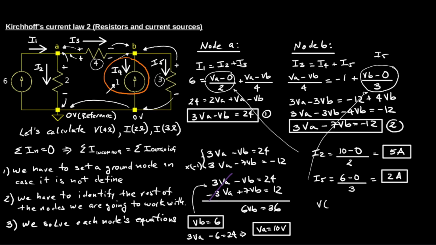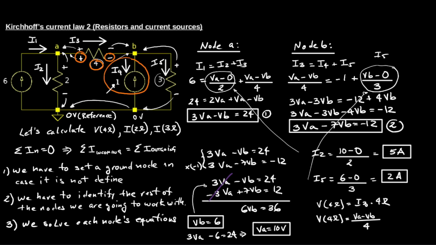Okay, and now I have to calculate the voltage across 4 ohm resistor. As you can see in the circuit, it is the voltage at the positive terminal minus the voltage at the negative terminal. Okay, so I already got VA, I already got VB, and I could directly get this voltage difference, but I'm going to do it by Ohm's law. Okay, by Ohm's law, the current I3 that is going through the resistor causes a voltage polarity, the polarity you are looking at in the circuit, so it is equal to I3 times 4 ohm.